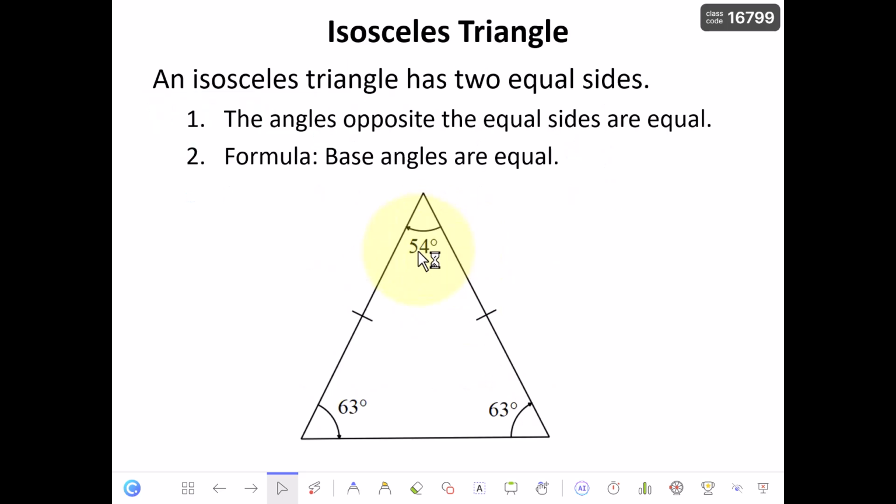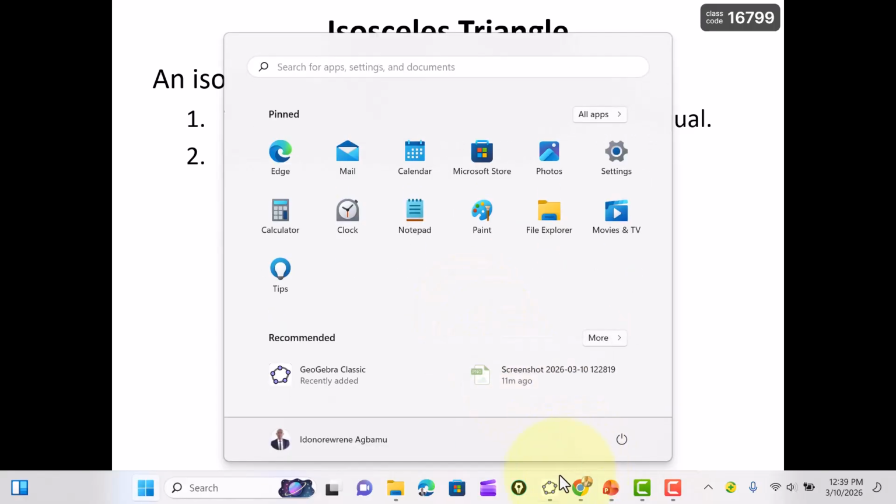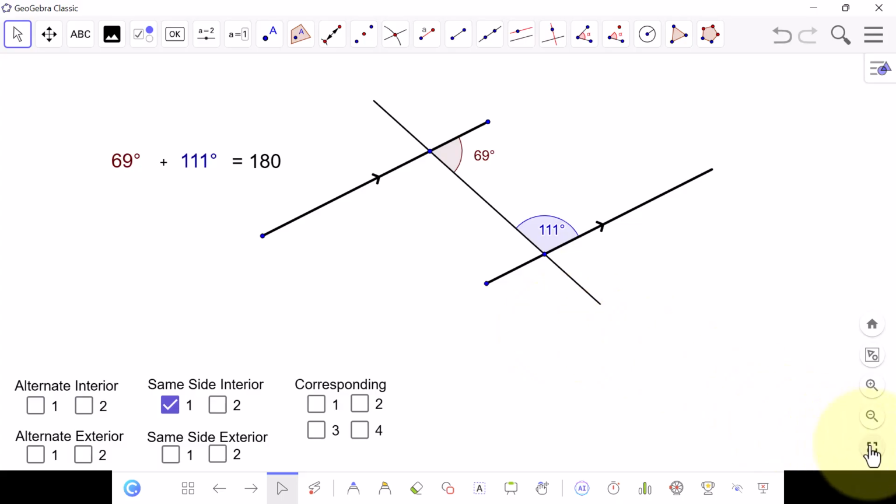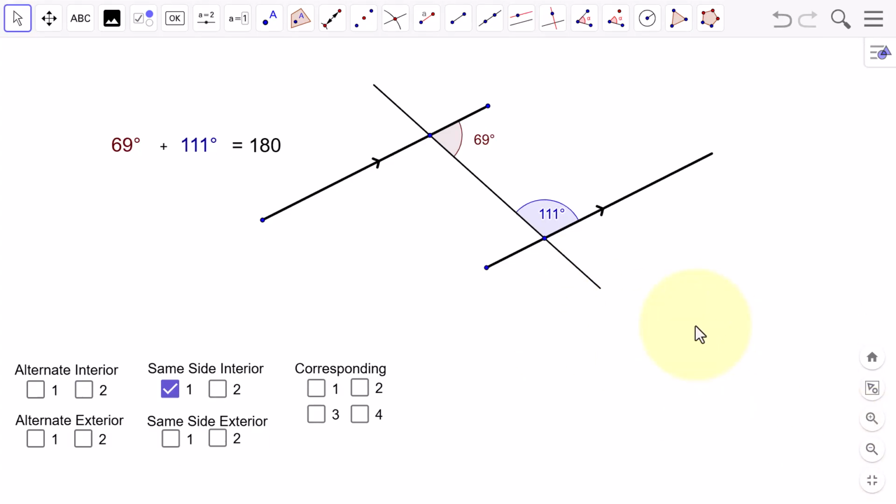But before we do this example, let me show you the applet for easy understanding of this lesson I just explained. This is the applet I want us to use. In this applet, I can demonstrate parallel lines, then show you your transversals.